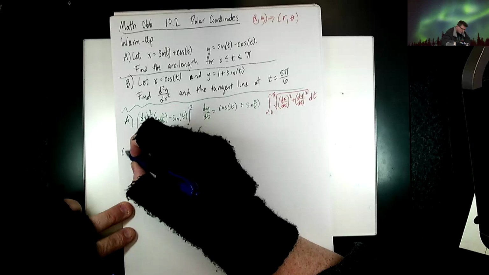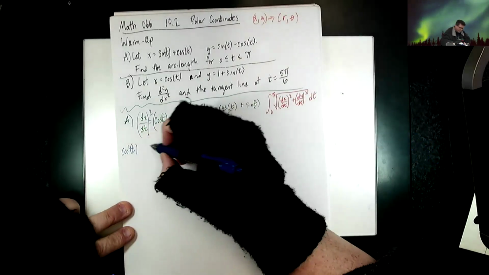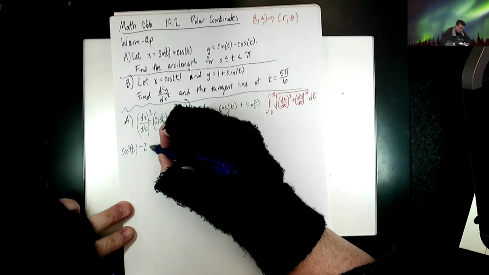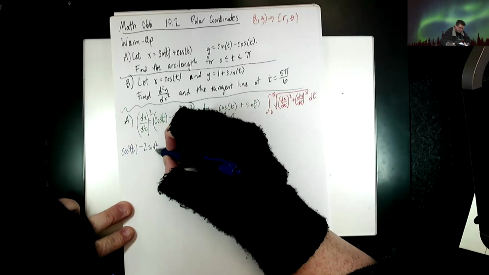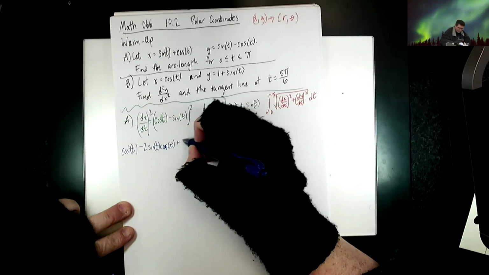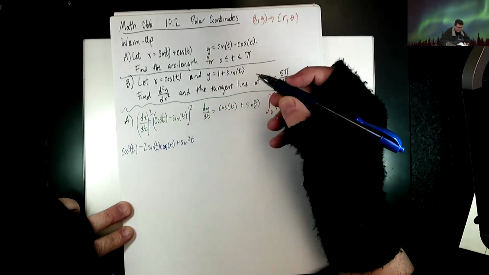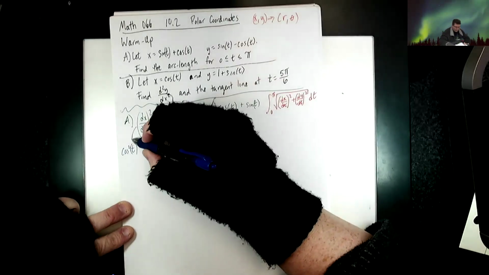I get cosine squared t minus 2 sine t cosine t plus sine squared t. That's dx dt squared.